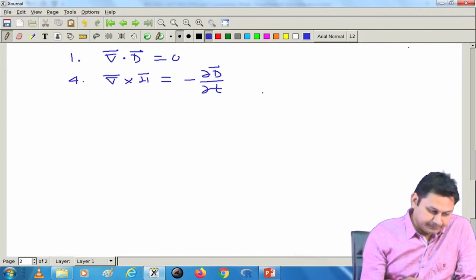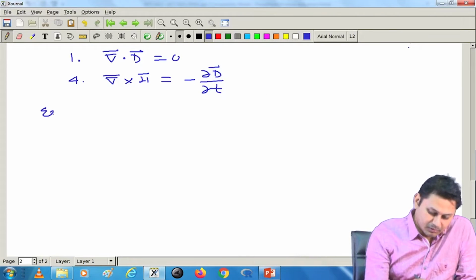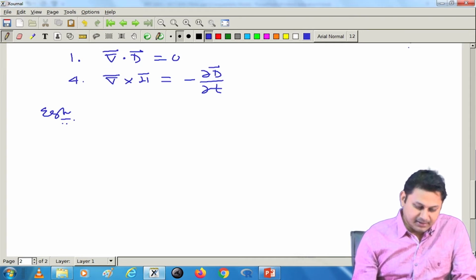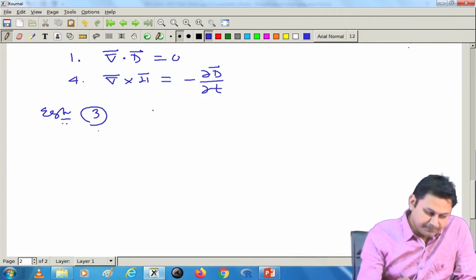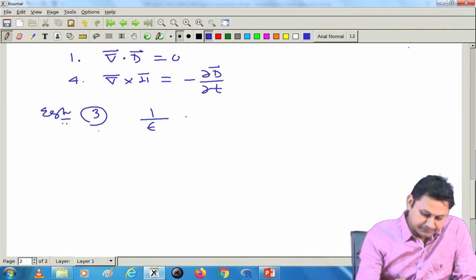Equation 3 can also be written in terms of D and H, because it will be useful in our calculation.